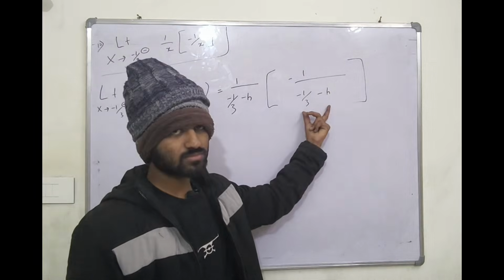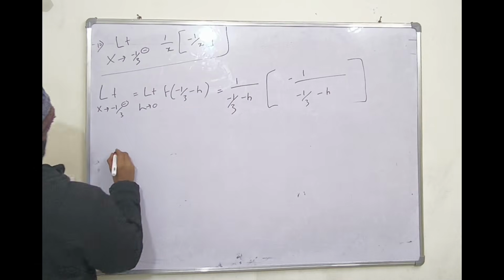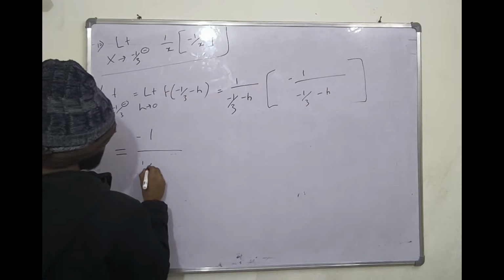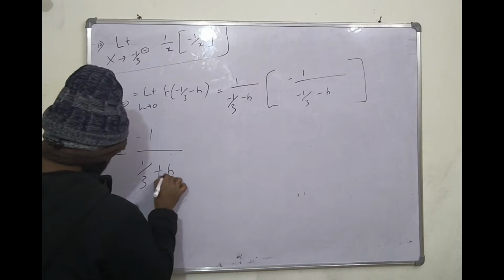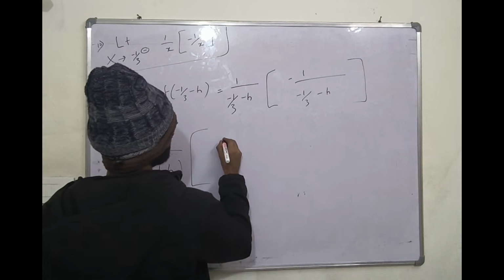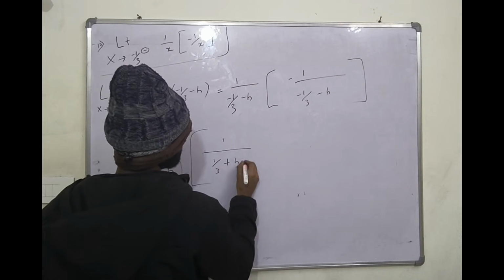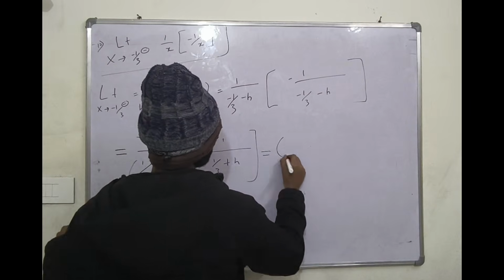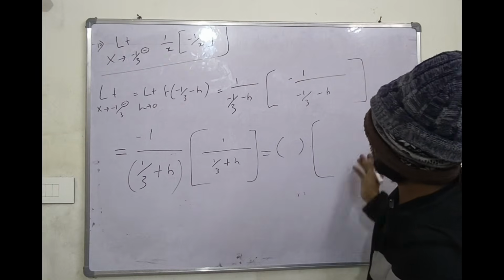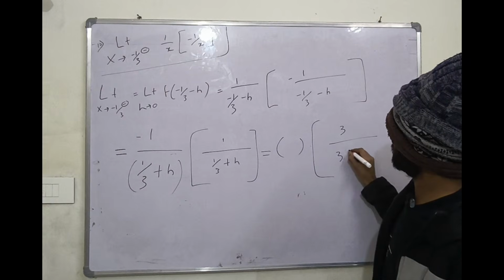If you take minus common here, minus and minus cancel, and here also minus common, we get minus 1 by 3 plus h, into step of 1 by 3 plus h, so taking the numerator we get 3 by 3 plus h.